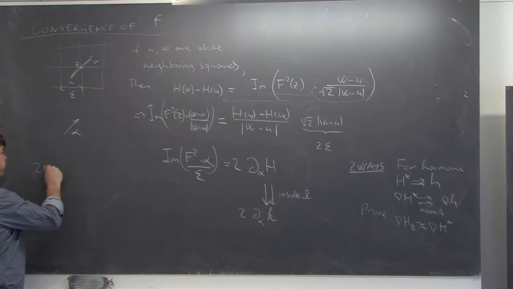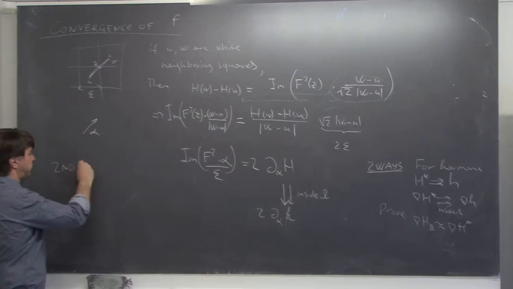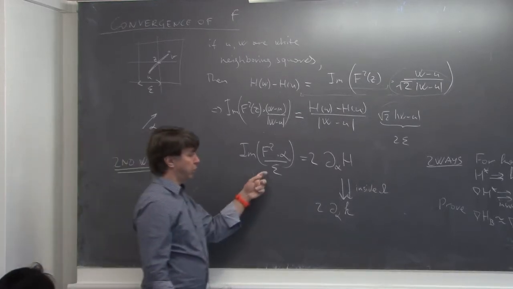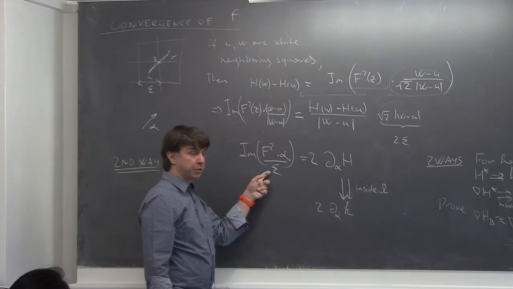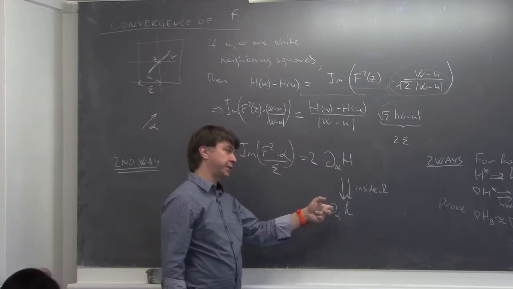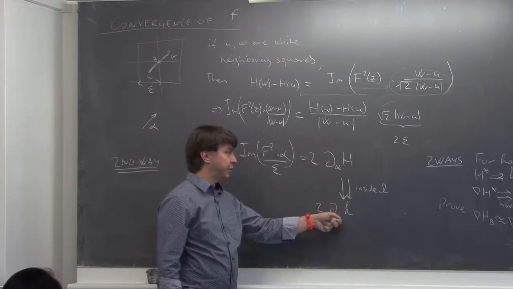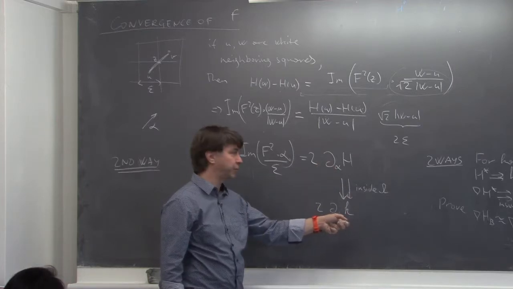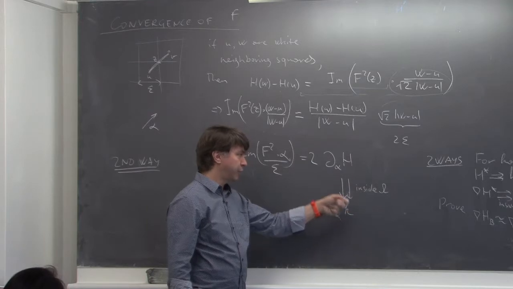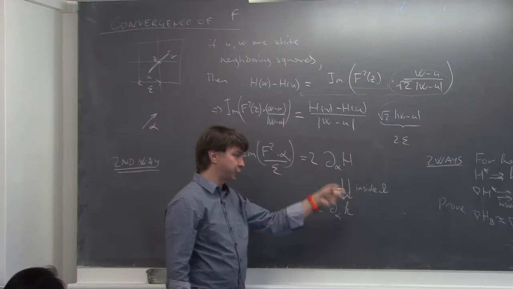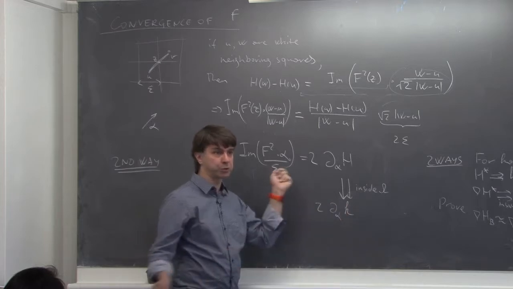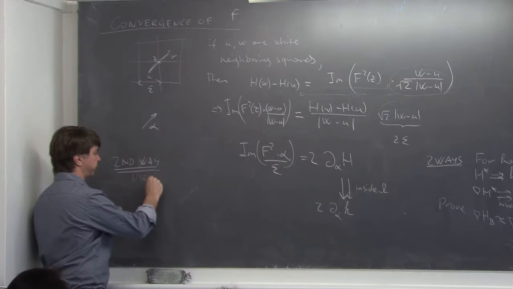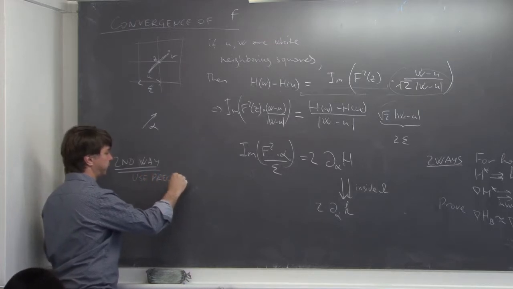The second way is just to use precompactness, because basically if this thing converges, it has to converge to this one: if a derivative converges to something, it has to converge to the derivative of the function. So if h converges to h small, then should the derivative of h have a limit, it would be the derivative of h small. No way around it, because you can just integrate. So the second way is just to use precompactness.